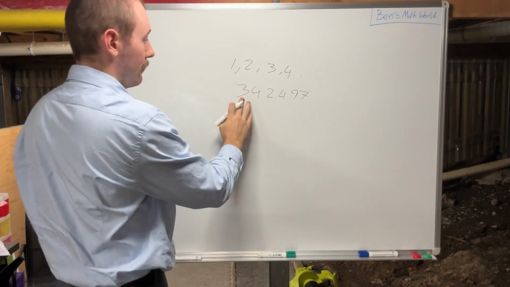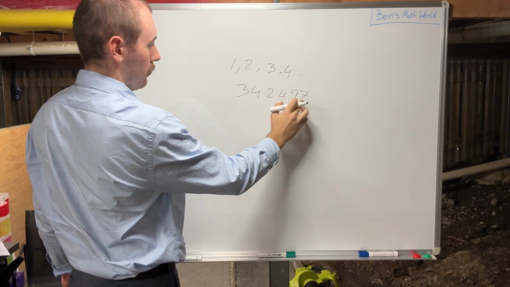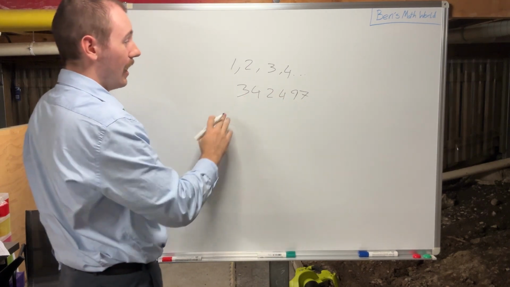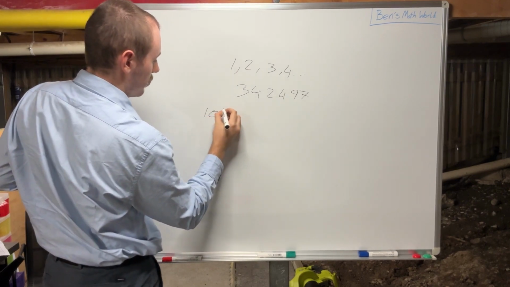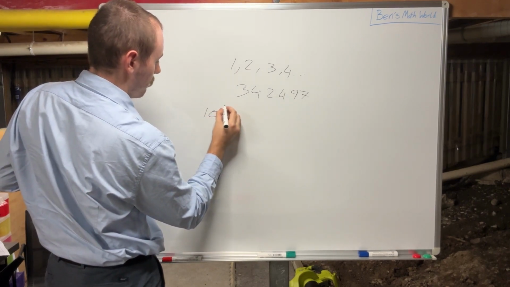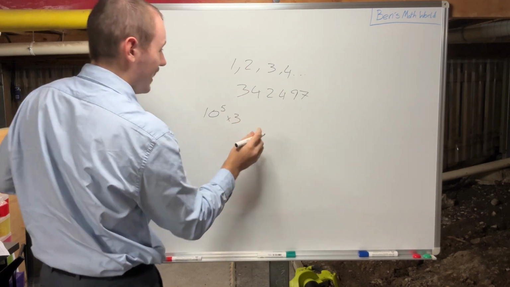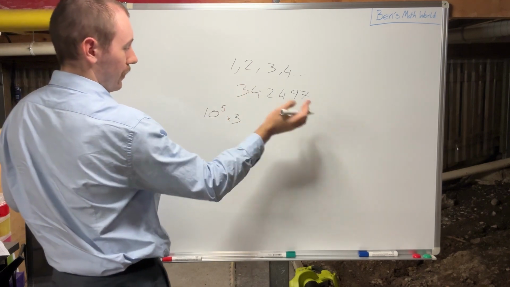Say for example this 3 here, it's 1, 2, 3, 4, 5, 5 digits after the 3. So what we would do is 10 to the power of 5 and then multiply this by 3. And that would be equal to 3 with 5 zeros after it.